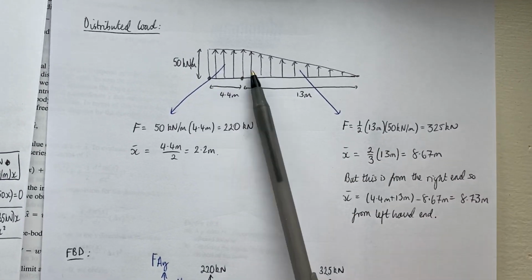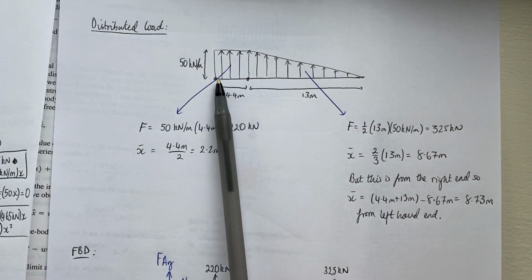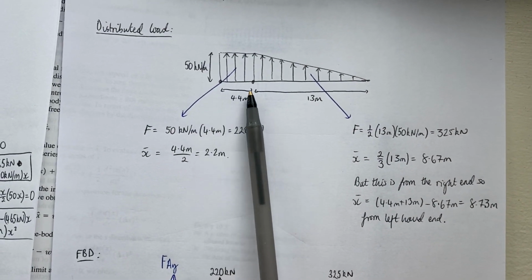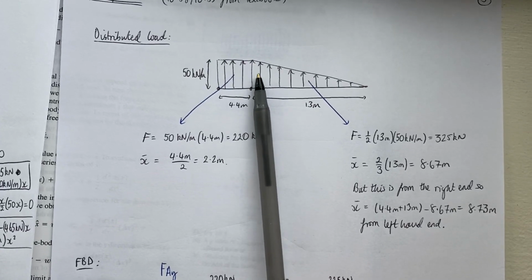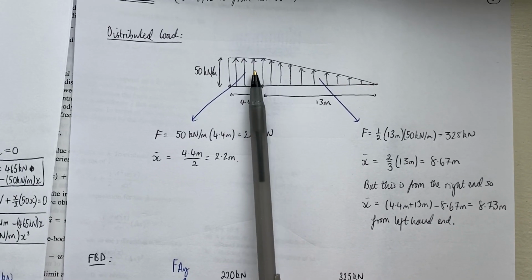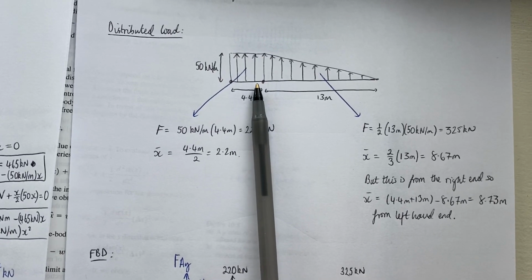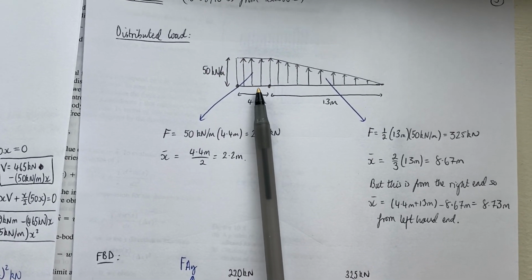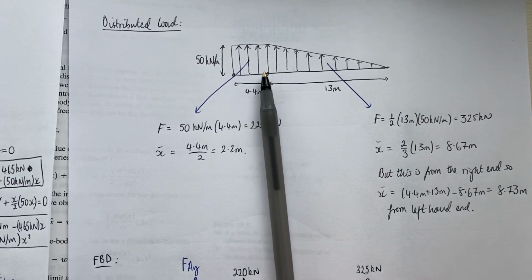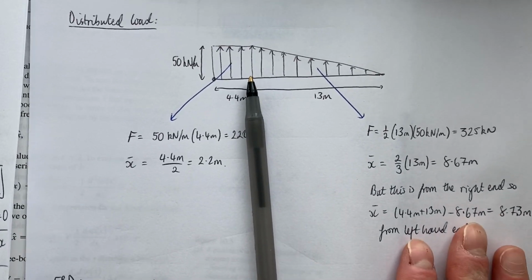But obviously when I consider a cut somewhere between x equals 0 and x equals 4.4, I don't have the same distributed load, right, because I've chopped some of it off. So I now need to go back to consider the distributed load as a function of x. Hopefully you can all see what I'm getting at there.